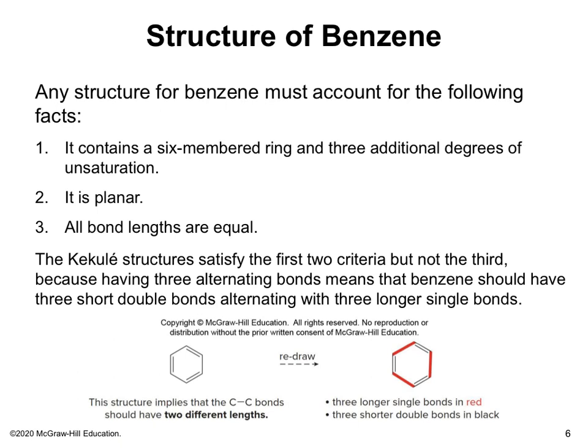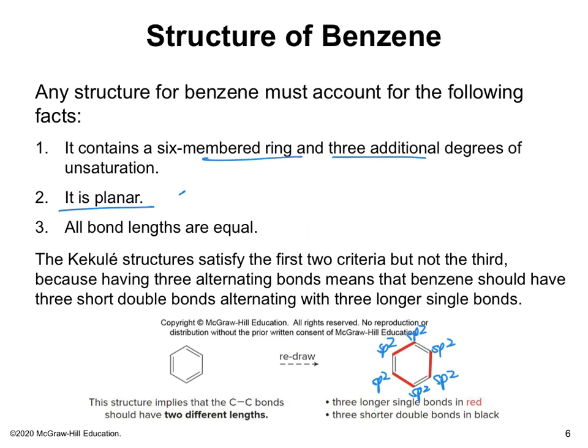Okay, so what is unique about benzene? It has a six-membered ring, and it has 3 degrees of unsaturation. It's planar, so each one of these carbons is sp2, which makes it flat.